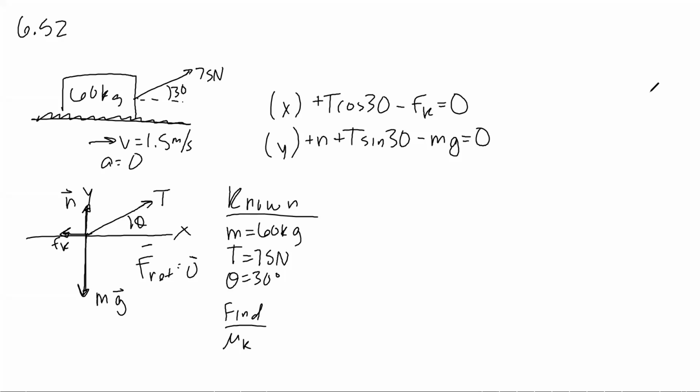It's pretty straightforward. The friction force is just equal to 75 newtons times cosine of 30 degrees.